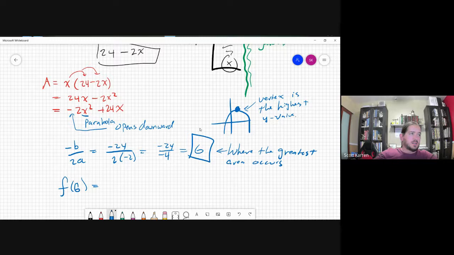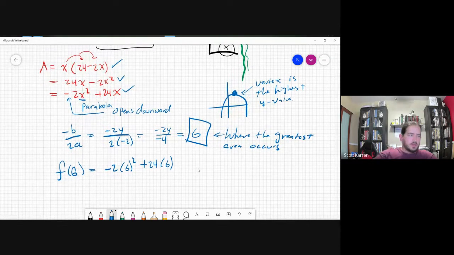And so I just plug it in into any one of these. It doesn't matter. They're all the same equation. So I'll just plug it into the last one. Negative 2 times 6 squared plus 24 times 6, right? Or negative 2 times 36 when I square the 6. And then plus, I can multiply these. 6 times 24 is 144.